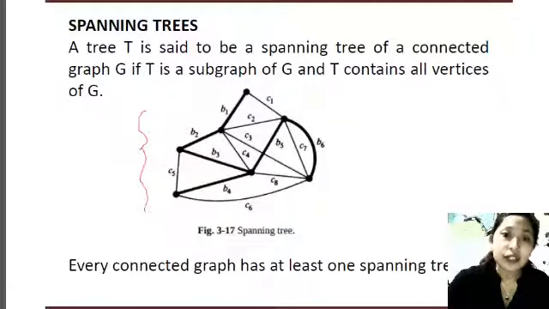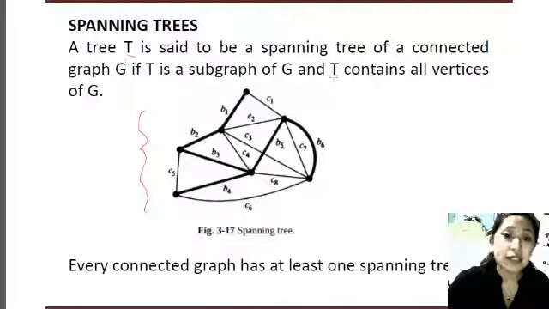In a graph, if I can find a tree, or a walk which is acyclic, that means there should not be any cycle or circuit, and in that walk you are visiting all the vertices, then a tree is nothing but a subgraph of a given graph.